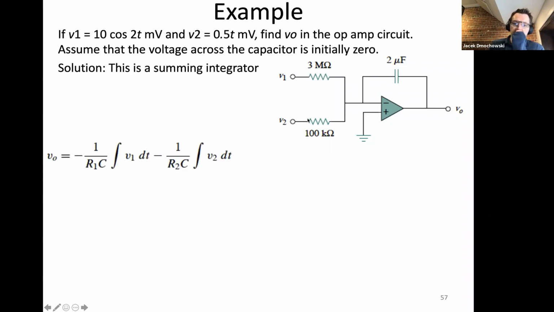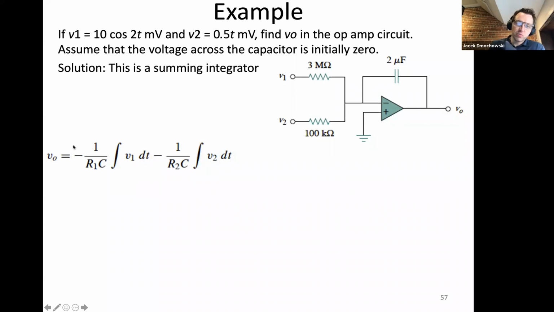Okay, let's apply superposition to this circuit. So the output voltage is going to have two parts. The output voltage here is going to consist of the response to V1 plus the response to V2.